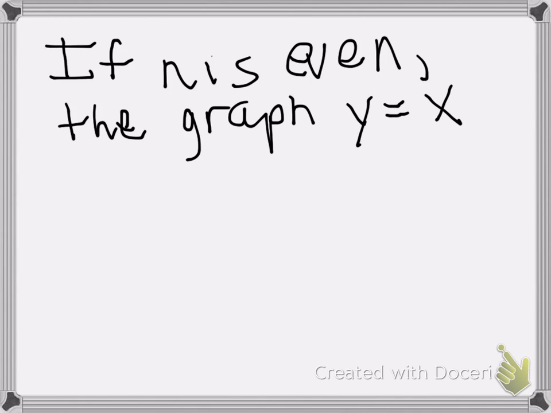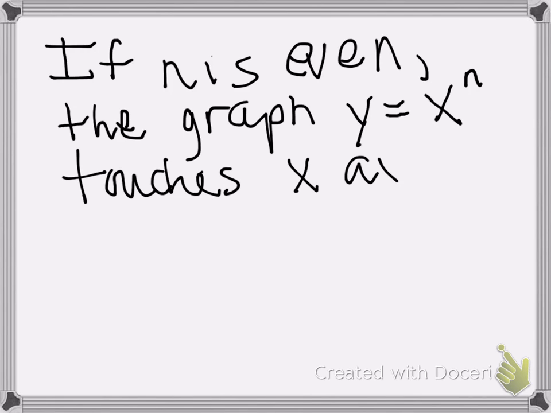See, that's going to just be your exponent. So we're talking about n. You check n, you identify that, and if n is even, then the graph touches the x-axis. It just touches the x-axis as an x-intercept.